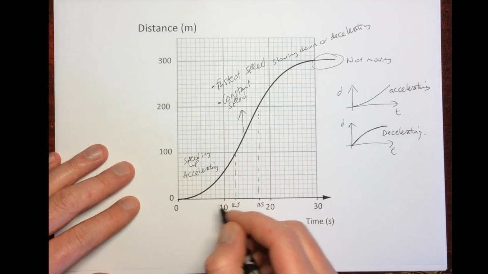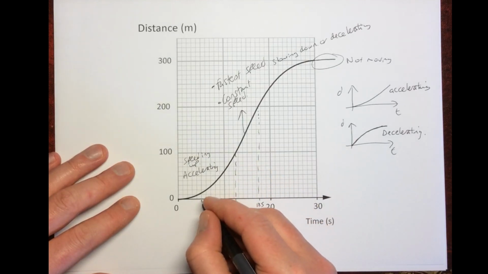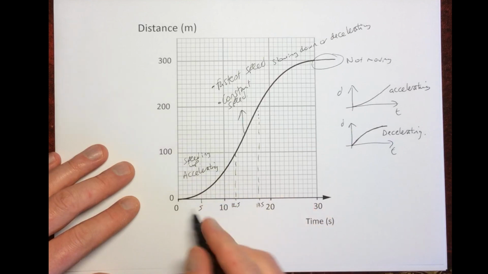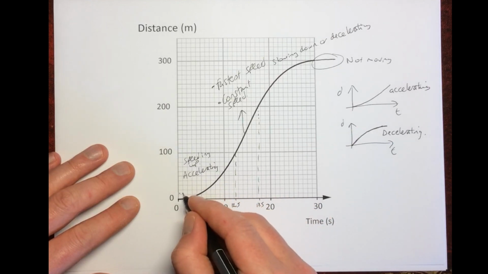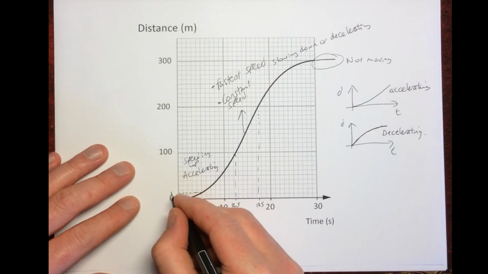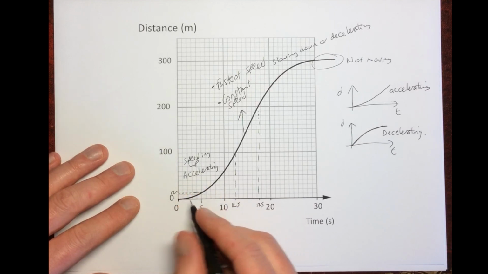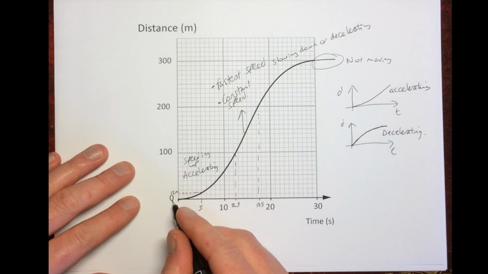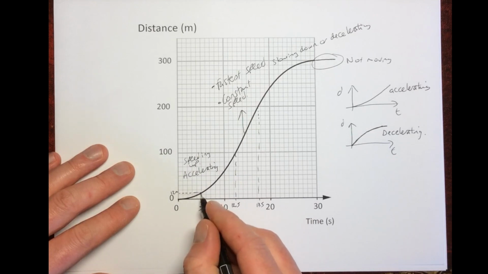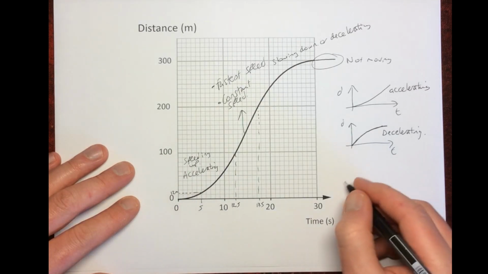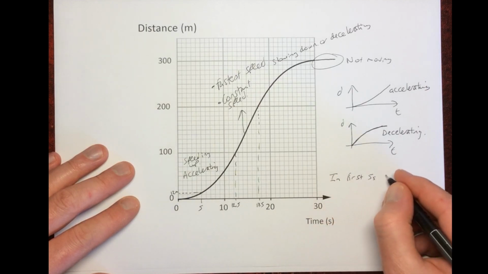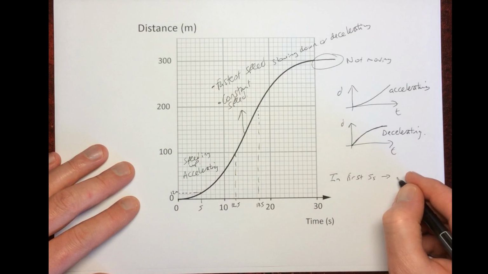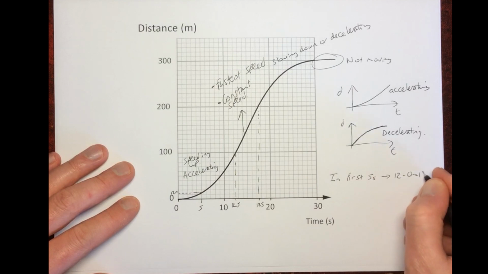In the first 5 seconds here, so between 0 and 5, the object moves about, let's say, 12 meters. So at 0 time, the distance travelled by the object is 0. After 5 seconds, the object's travelled 12 meters. So in the first 5 seconds, we've gone 12 take away 0 equals 12 meters.